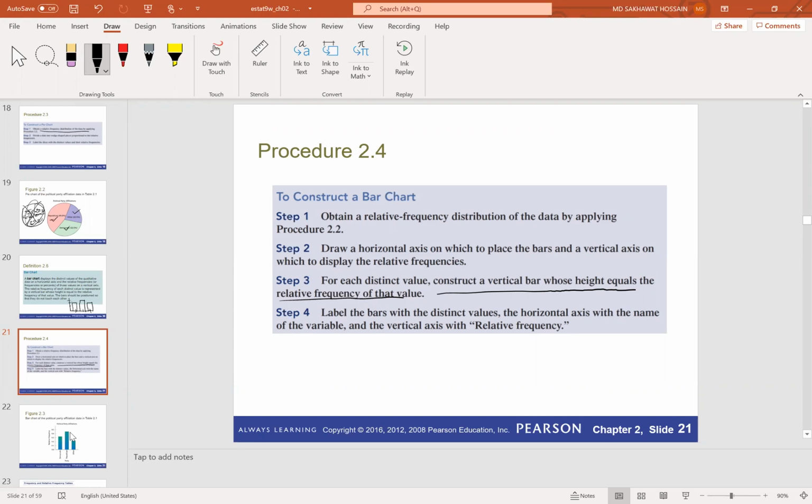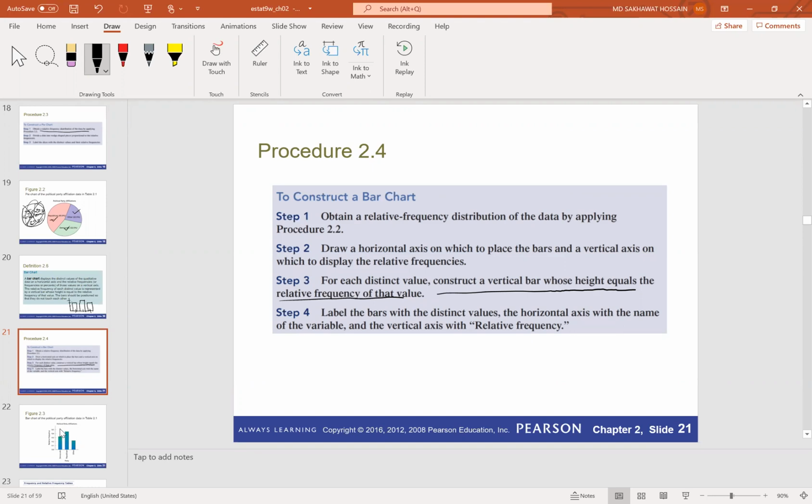So the height of this bar will be 0.45. And the other was 22.5, so the height of this bar will be 0.225. Now we have to give a name to the horizontal axis, which will be the variable name.